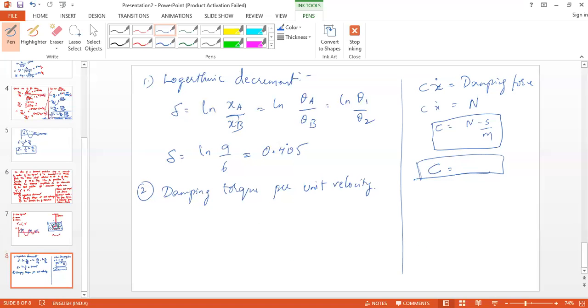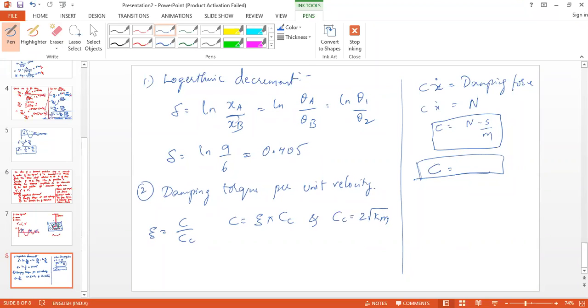So how to find the value of C? Zeta is equal to C by Cc, or C is equal to zeta into Cc, and Cc is equal to 2 root Km.